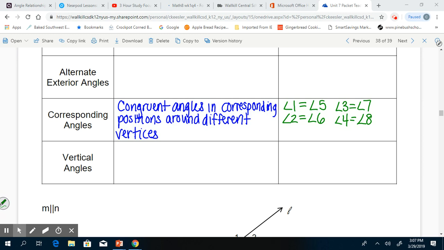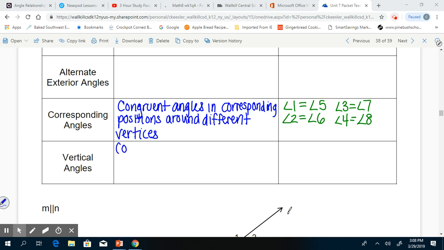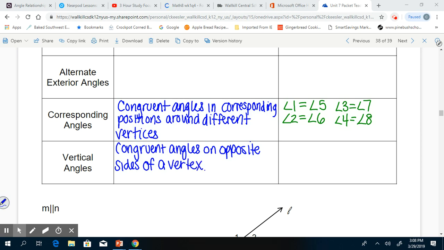Last, we have vertical angles, which we've already studied. Vertical angles are congruent angles on opposite sides of a vertex. And from the diagram, again, there are 4 pairs of vertical angles.